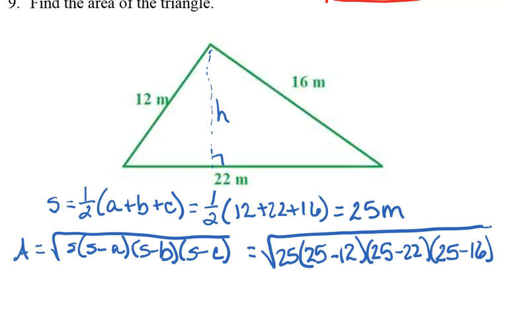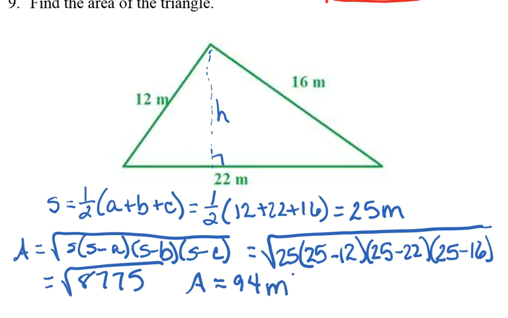Okay, so 25 times, the first one would be 13, times 25 minus 22 is 3, times 25 minus 16 is 9. So I end up with the square root of 8775. I'm going to go ahead and square root that. And so the area of this triangle is approximately 94 meters squared.